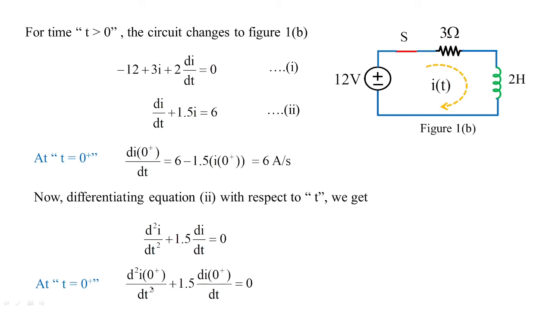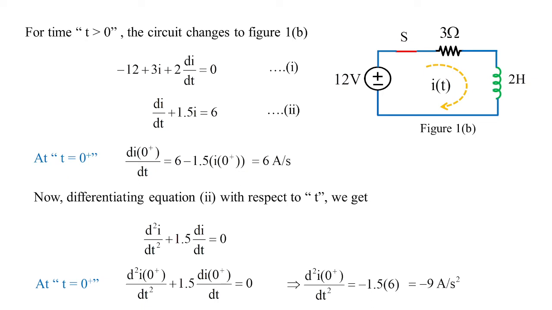So d square I of 0 plus by dt square plus 1.5 times di of 0 plus by dt is equal to 0. So d square I of 0 plus by dt square is equal to minus 1.5 times di of 0 plus by dt, whose value is 6 amperes per second. So minus 1.5 into 6 gives minus 9 amperes per second square.